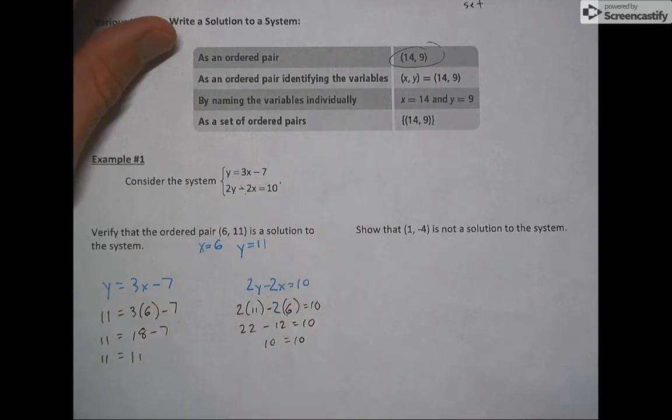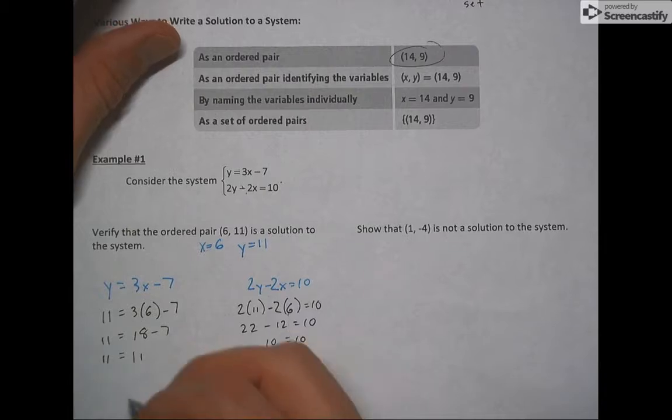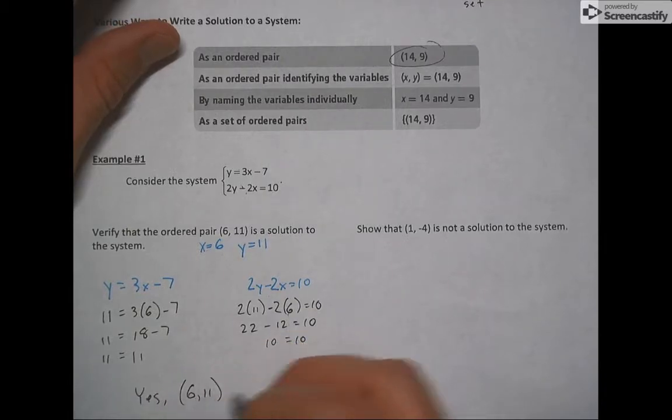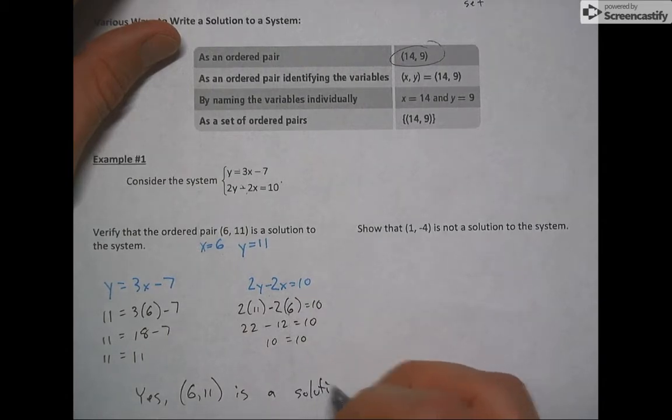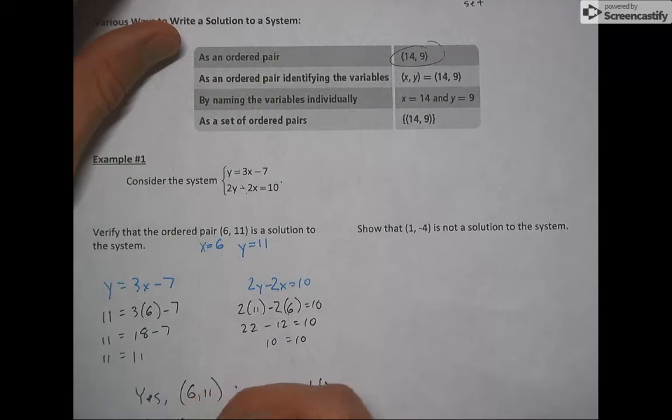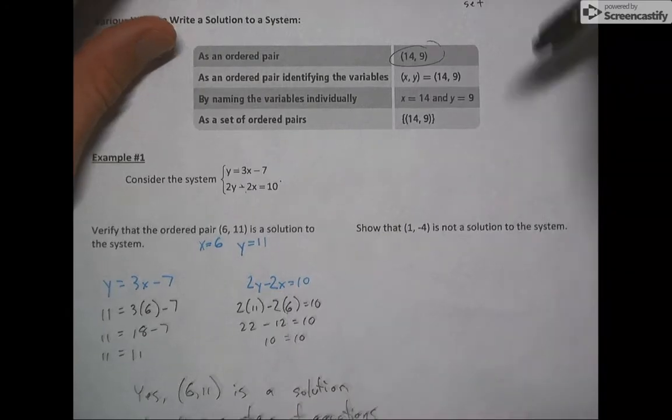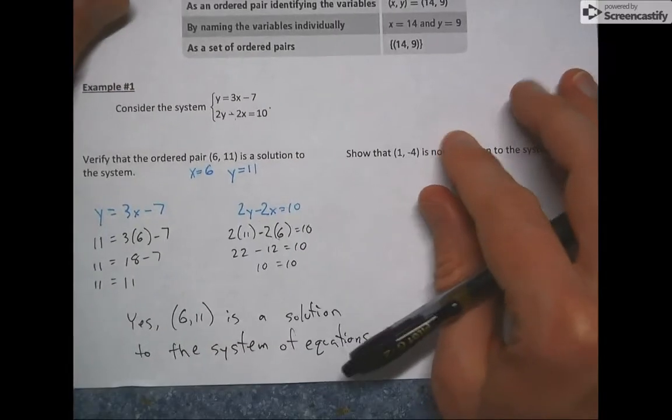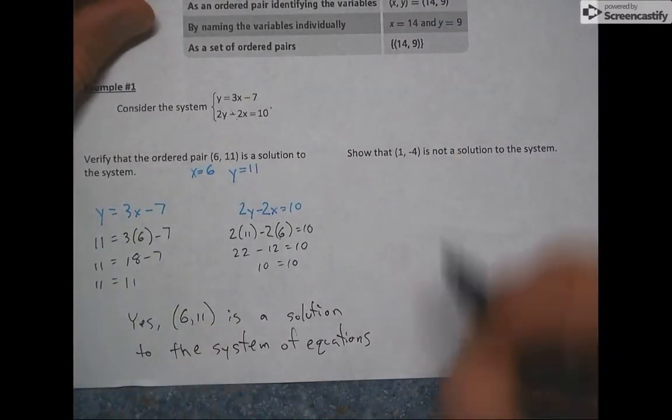We got a true statement. So we have verified that this is true. So we can say, yes, 6, 11 is a solution to the system of equations.